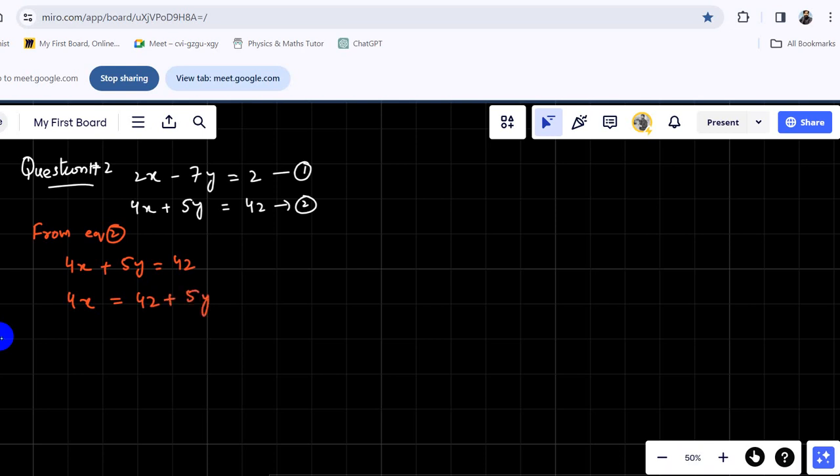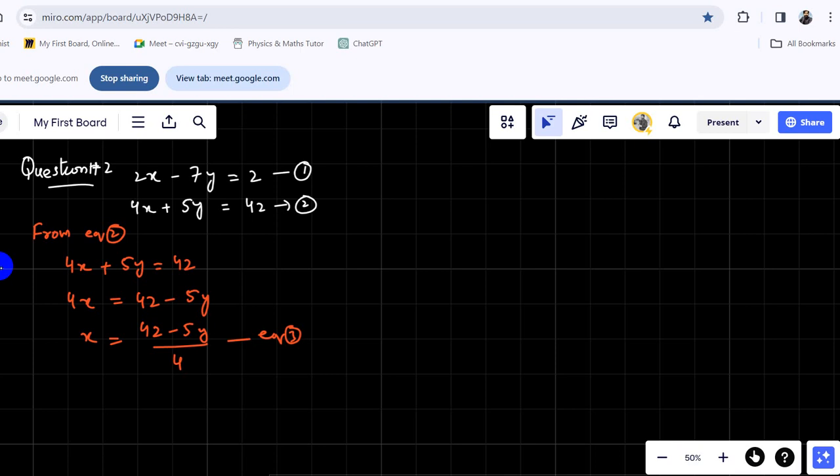So I'm doing it correctly. Yeah, I should change this sign. So this should be negative. 42 minus 5y, we need x, so it will be 42 minus 5y upon 4. So this is our equation number 3.